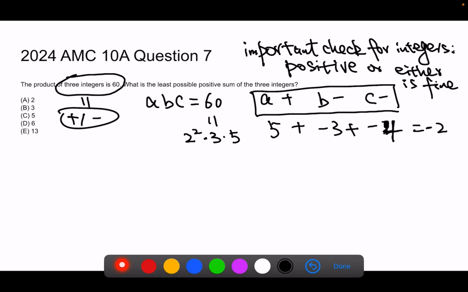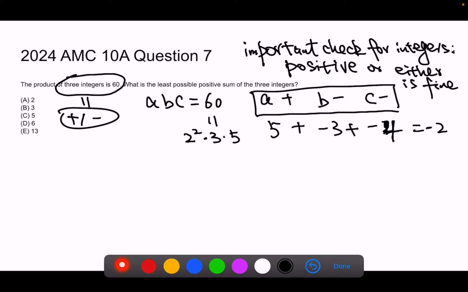This is close, right? Because you want to find the least positive sum, so you want the sum to be close to 0 but still positive. The only problem is it seems a little bit too much, which means you want the positive one to be a little bit bigger and the negative ones a little bit smaller. What I can do is give a 2 to the positive number.